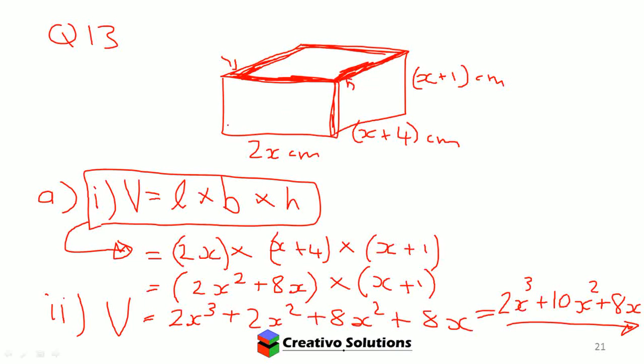So the actual length is just going to be from that point to that point in terms of the internal dimensions of the box. And then the same thing would apply to this side in terms of x plus 4 being the breadth. There's going to be a 1 centimeter and 1 centimeter provision on either side. In terms of height, the same thing would apply.